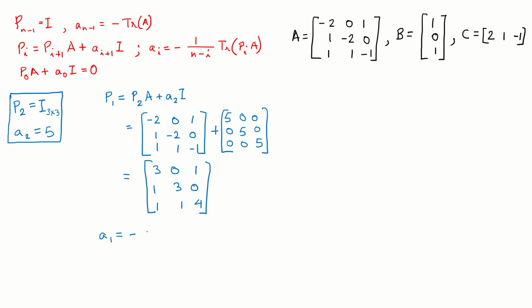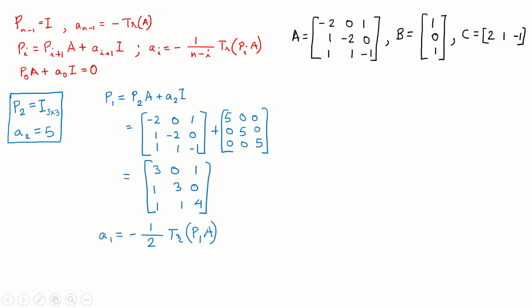So A1 is minus 1 by 3 minus 1, which is 2, trace of P1A.